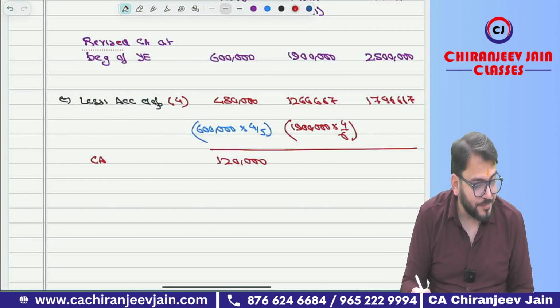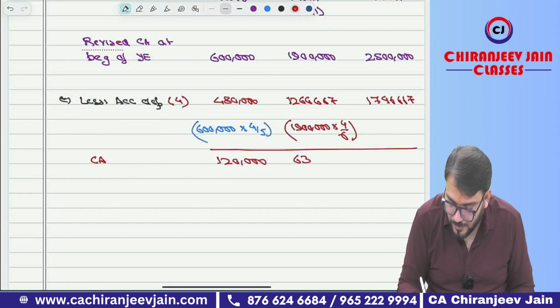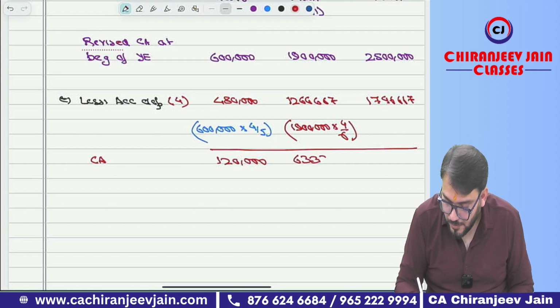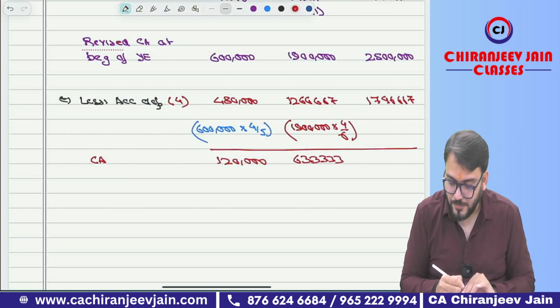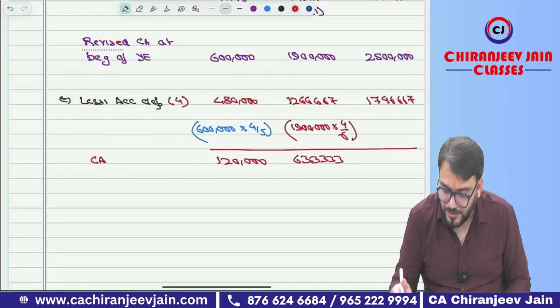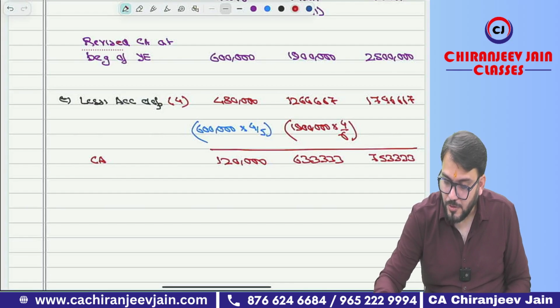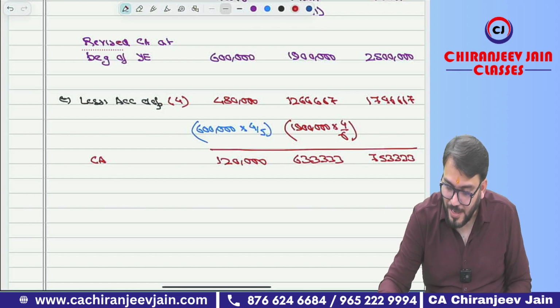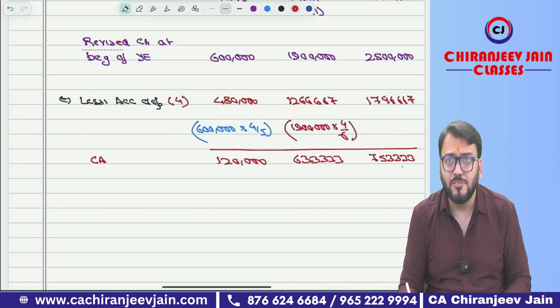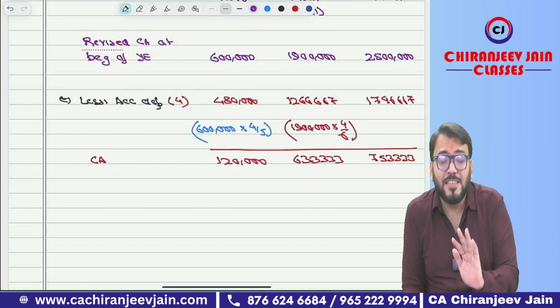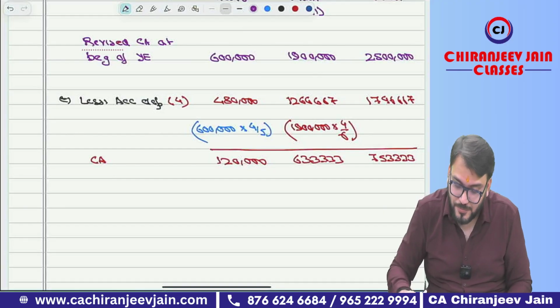It is how much? 6 lakh 33,333 plus 1,20,000 is 7,53,333. 25 lakh minus 17 lakh 46,667. It is coming 7,53,333. For cross check we have done. Correct. Now it is sold to, can you see, entire plant is sold for what amount?